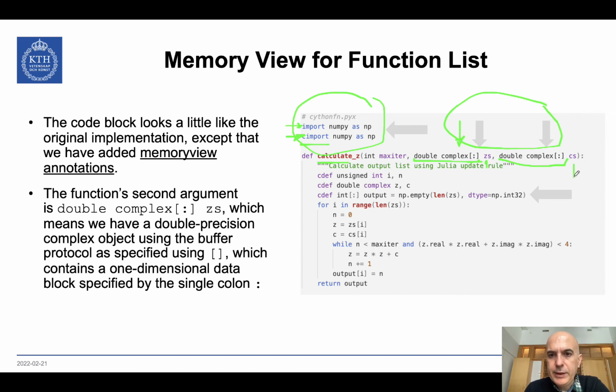Then we also create the output as a NumPy array, in this case of type integer, and we want to define it as a Cython type. So we use cdef like we did before for annotating types, and then we add the memory view. We say that this is an integer, and then we provide the square brackets with a colon.